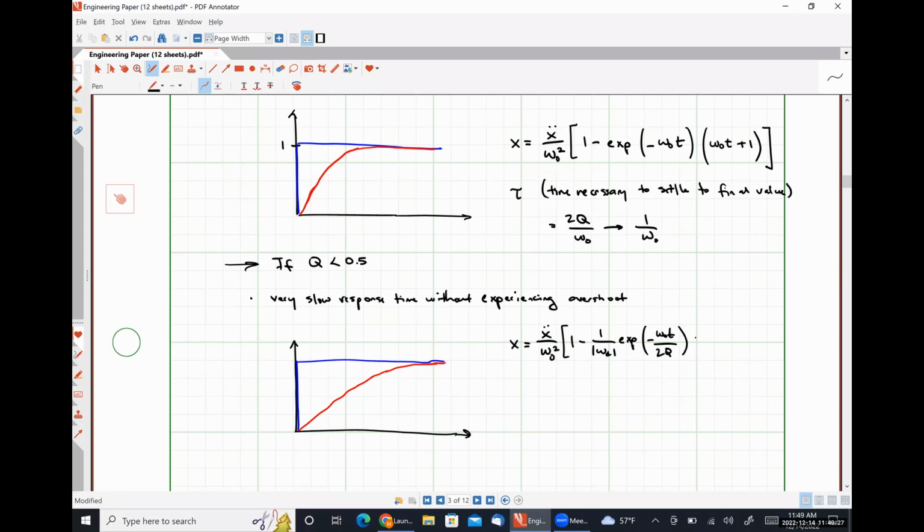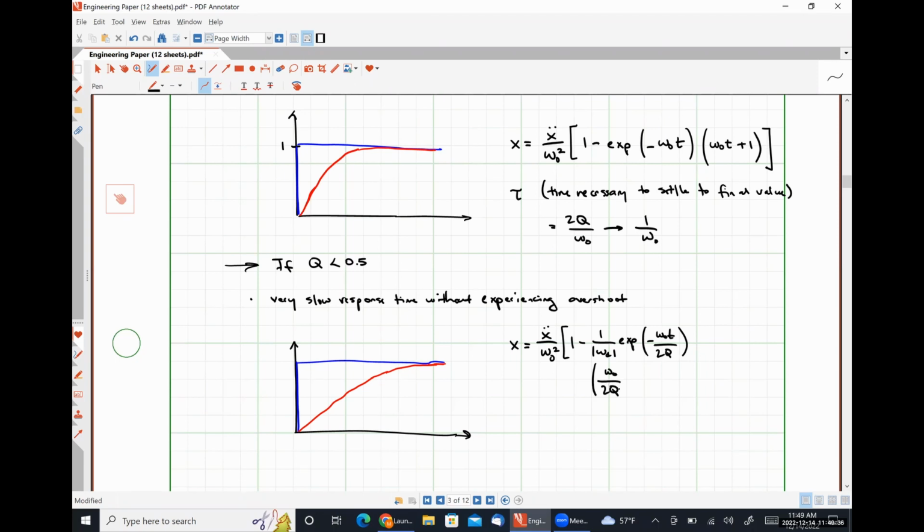And then all of this is being multiplied by the following expression: omega naught over 2Q times the hyperbolic sine of the absolute value of omega d t, plus the absolute value of omega d times the hyperbolic cosine of the absolute value of omega d t.